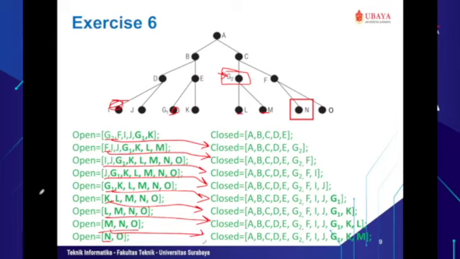So just leave it over here, and that's it. This is the solution for the breadth first search. So we can know that the solution will be N, F, C, A. Okay, so that's it. Review for the previous 6 exercises.